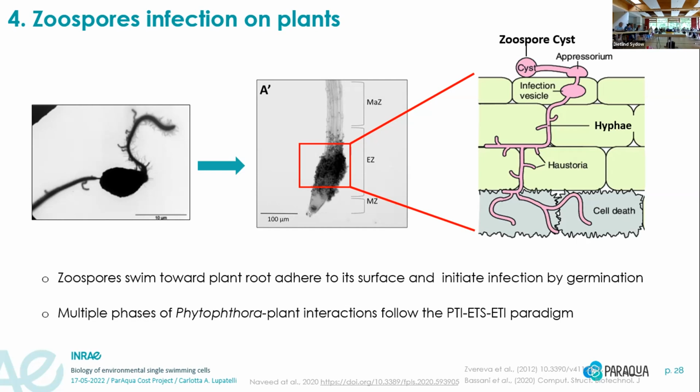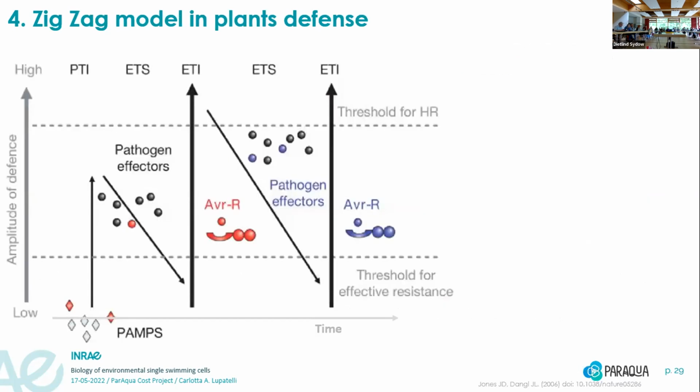Now, we have to know, and I will try to be synthetic on this point, that the different phases of the Phytophthora-plant interaction follow the model which is basically the one recognized among plant pathologists, which is called the zigzag model, or PTI-ETS-ETI paradigm. Do you know it? Okay.